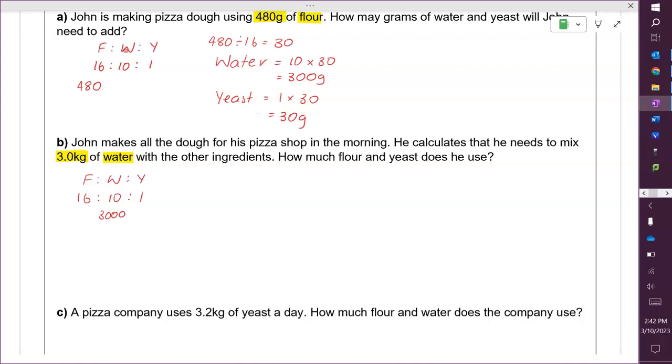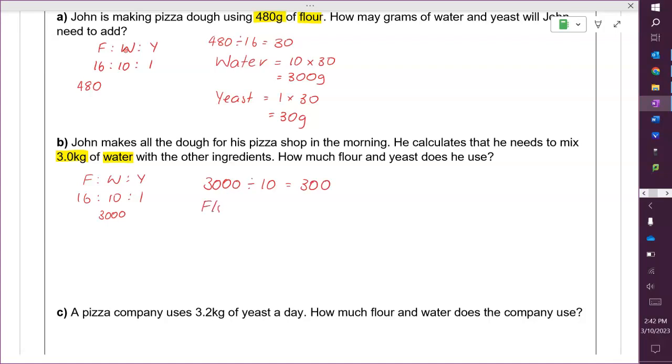Can just make it a little bit easier to work with, especially with our yeast, because it's only a small portion there. So the first thing we had to do was work out, well, how did I get from 10 to 3,000? So I go 3,000 divided by 10, which tells me I'm multiplying by 300 to find our flour and our yeast.